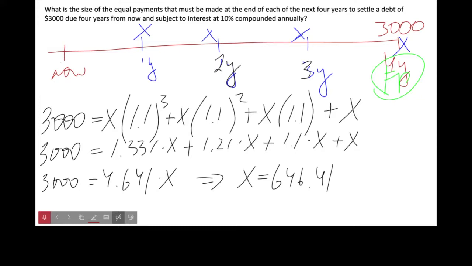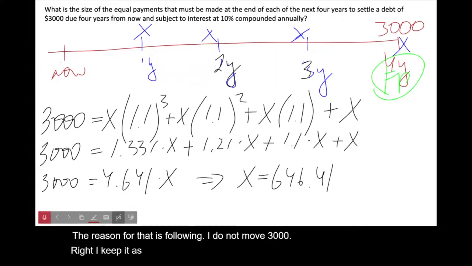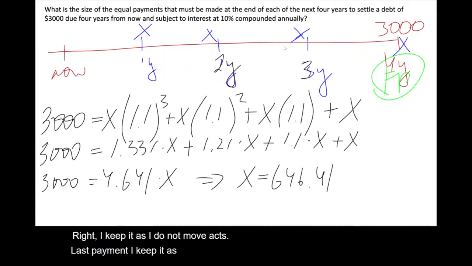Well, the reason for that is the following. I do not move 3,000, right? I keep it as is. I do not move X, the last payment, I keep it as is. The only 3 values I move are the 3 unknown payments.